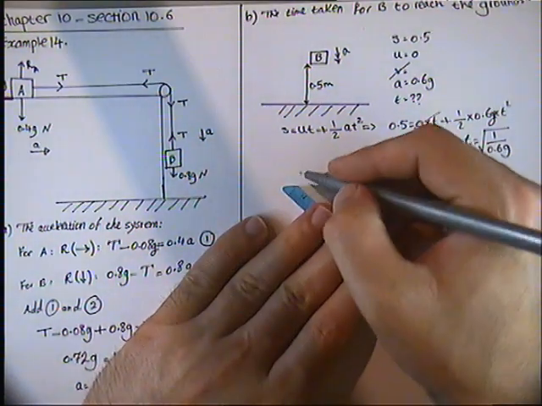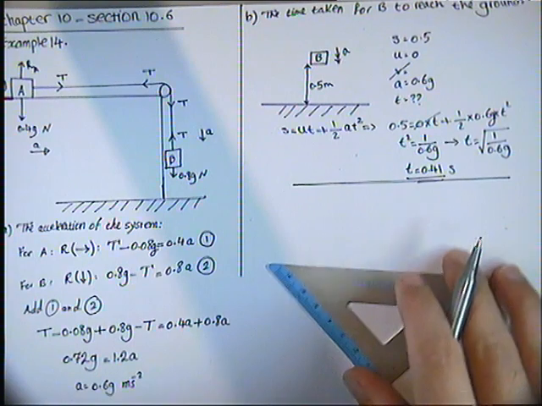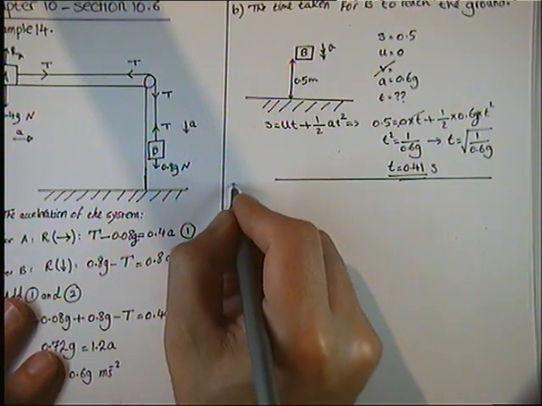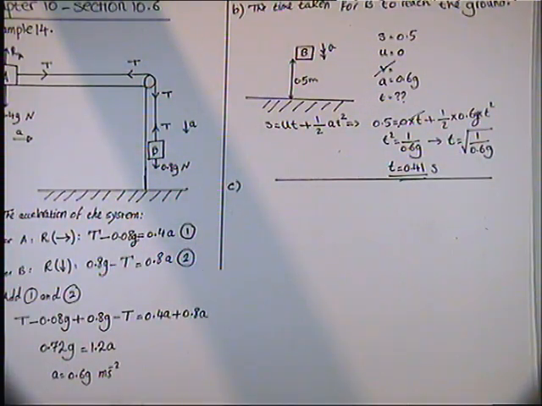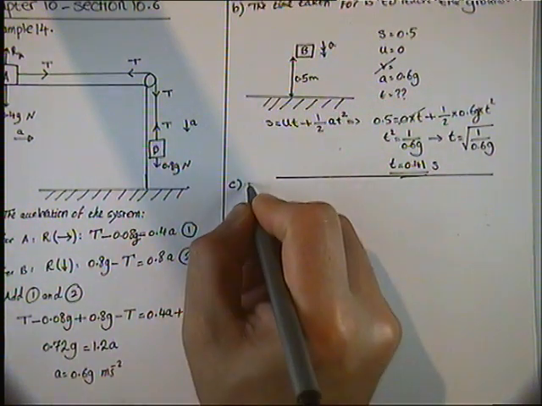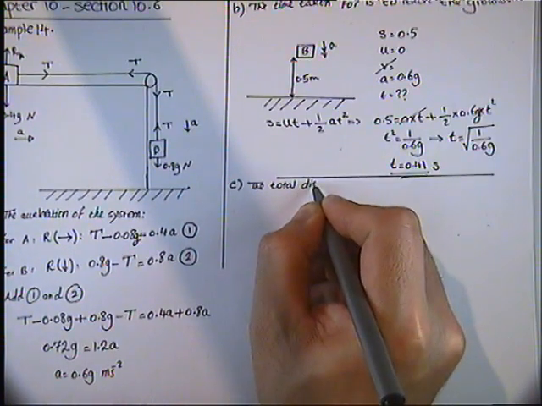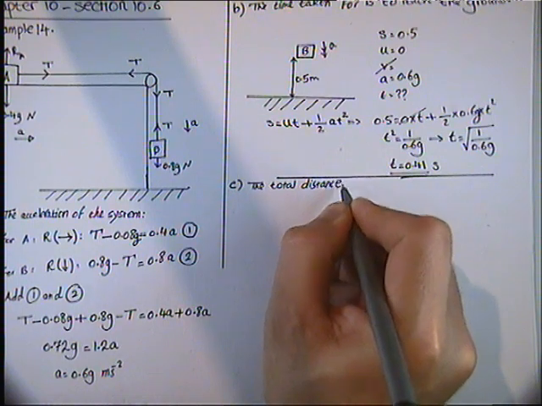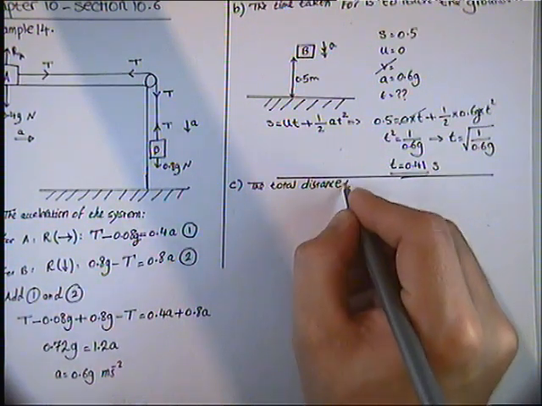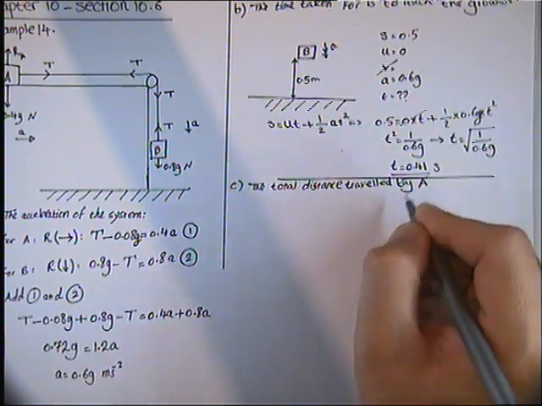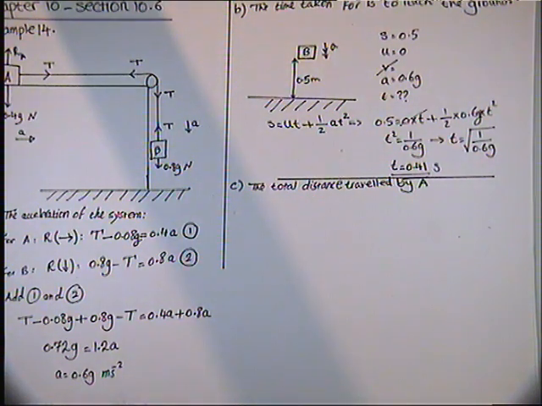Let's move on to part C, which is probably the most important part. The question says: the total distance traveled by A before it first comes to rest.